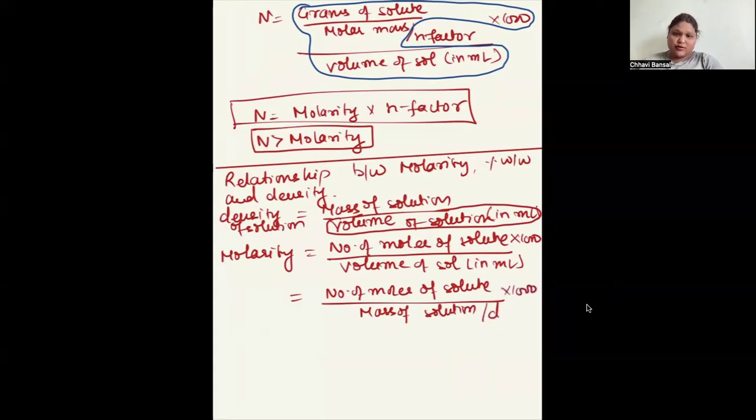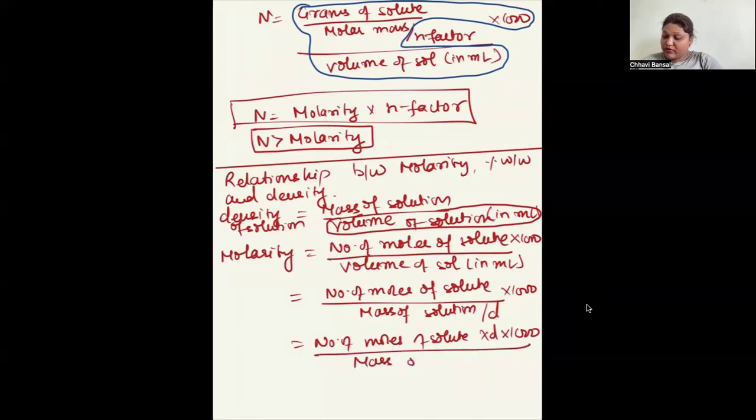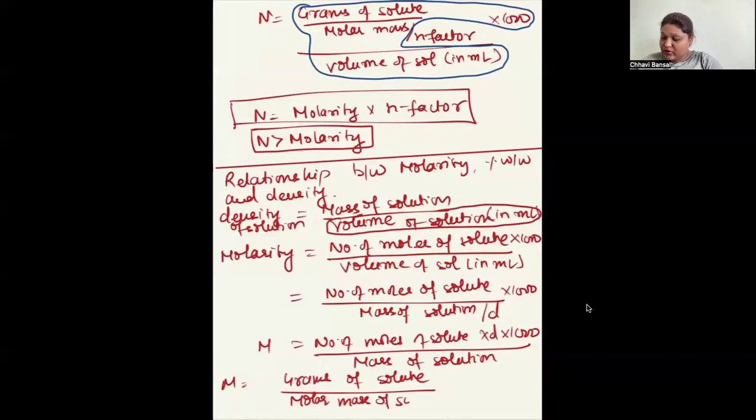So molarity is number of moles of solute into density into 1000 divided by mass of solution. Now, what is number of moles of solute? It is also mass of solute divided by molar mass of solute.